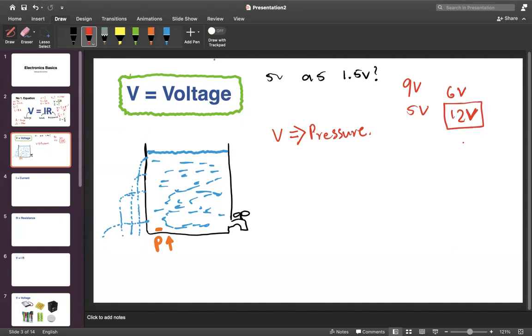Let's say we have a small battery like this. This battery has a pressure between this point and this point, let's say this is positive and this is negative. The pressure between these two is 6 volts, if this is a 6 volt battery.